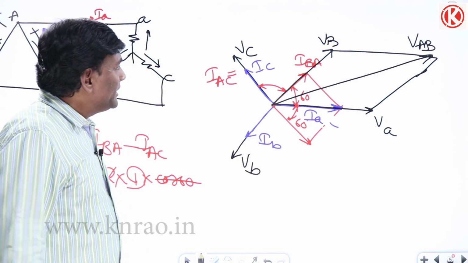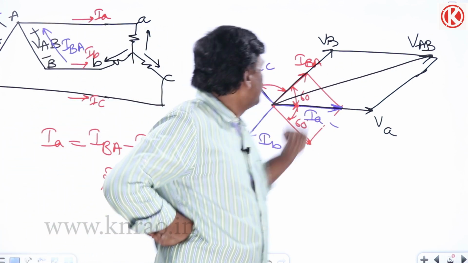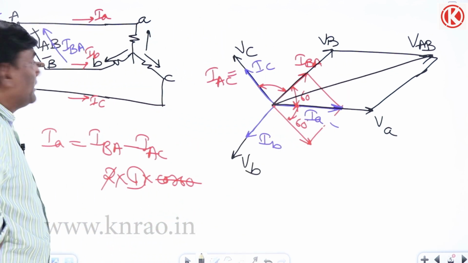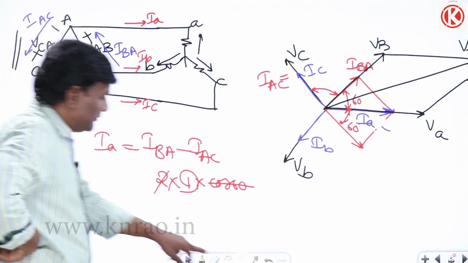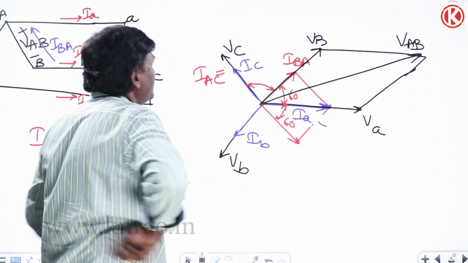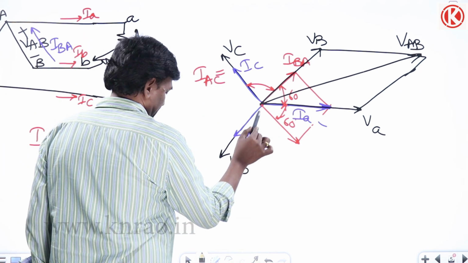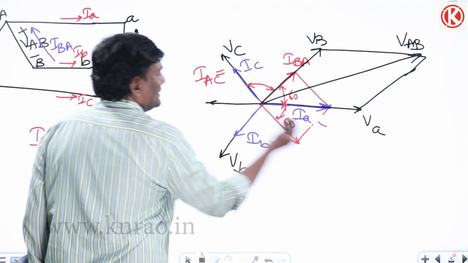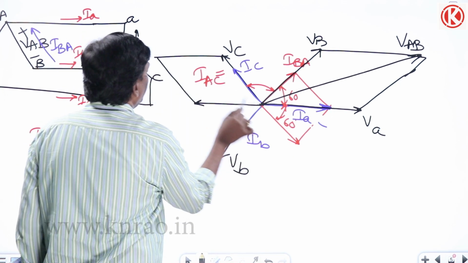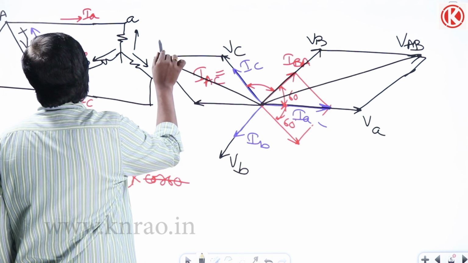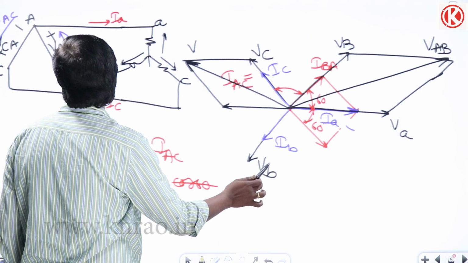VAB is the voltage here. Let me calculate the other voltage also. VCA, VC minus VA. See here, VC minus VA. Minus VA is going to be VC or AC? CA.